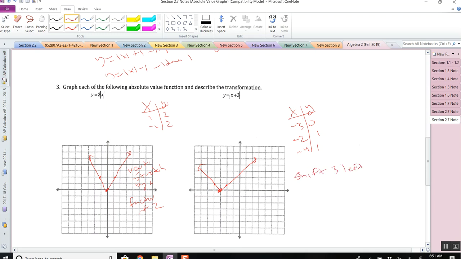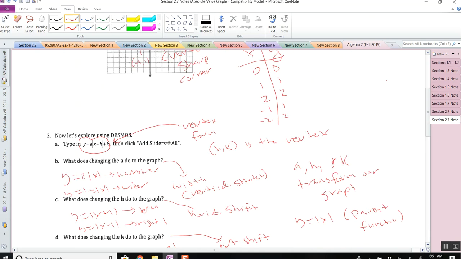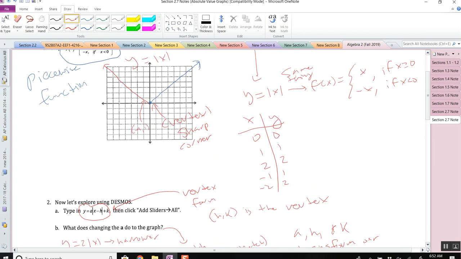So again, the general form, the vertex form, I guess, is that. So your h is -3 because you have x plus 3 inside, so h has to be -3 to make that happen. And because h is negative, it's going to go left. So the h, as I mentioned, is responsible for the vertical shift. Sorry, h is responsible for the horizontal shift.